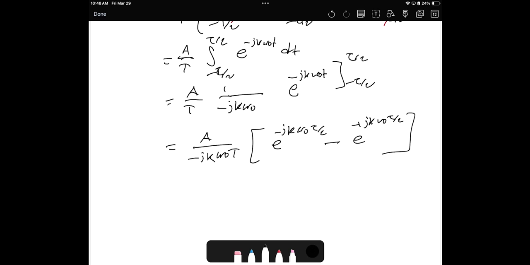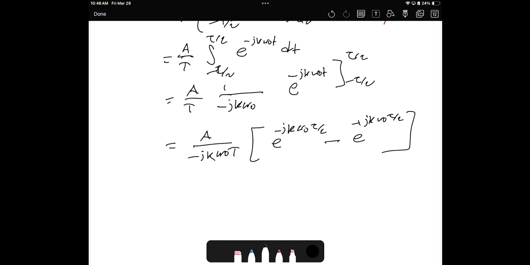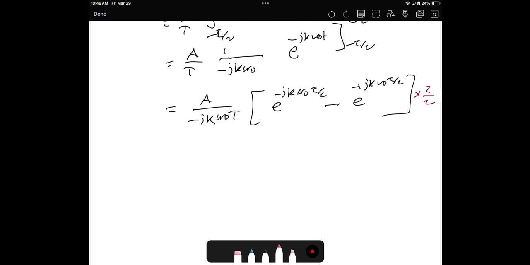So far so good. Now what I'm going to do, I'm going to multiply by 2 over 2. It will be as 2A, and recall 1 over negative j equal to j, or 1 over j equal to negative j. So I'm going to just remove this.